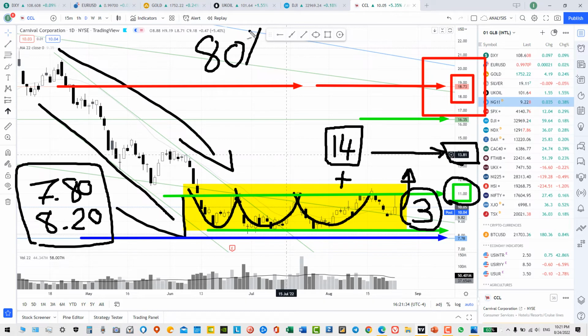But wait for a second. There are very important conditions that should be met. First of all, during the required break above $11, we need an exceptional high volume, which should be double or triple the average volume. And we need 3 days close above the $11, and if it is a weekly close, it will be much better.